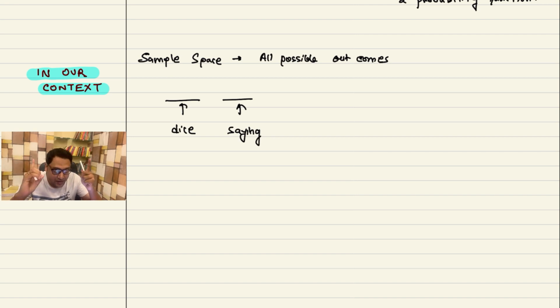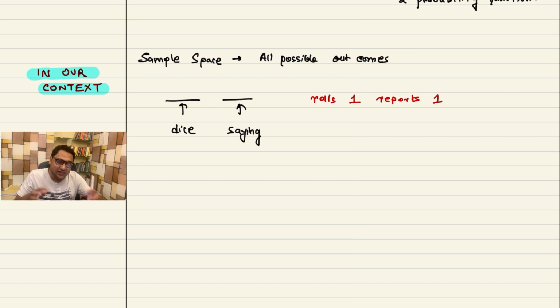So two things are happening in every sample event, every point event, every outcome. So maybe he rolls 1 and reports 1. In this case, he is speaking the truth. He rolls the dice, it gives him 1, and he reports 1.